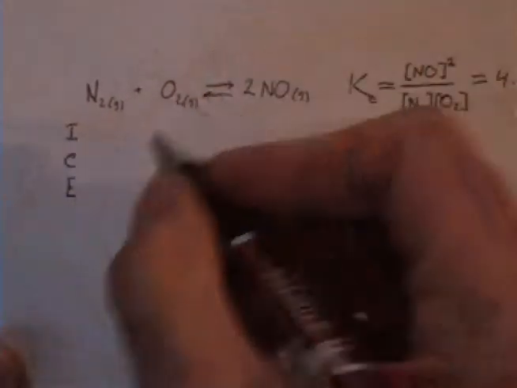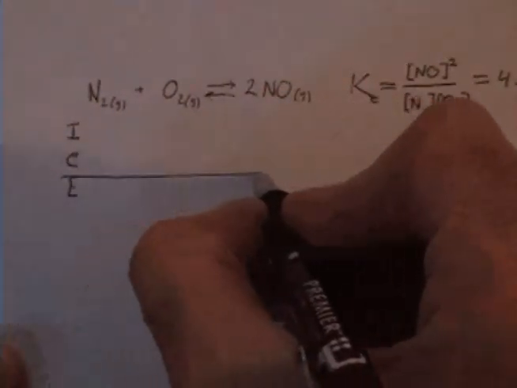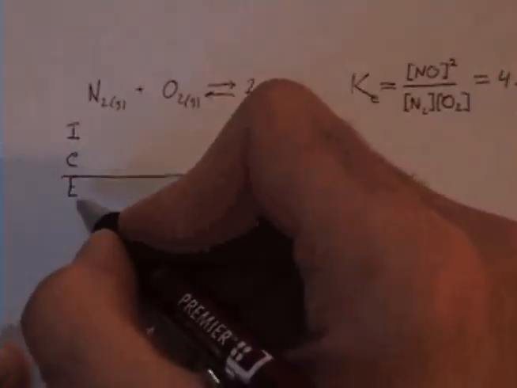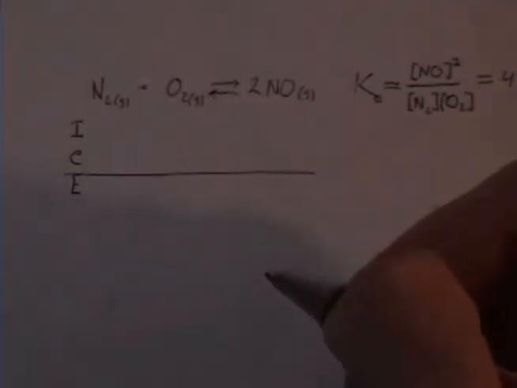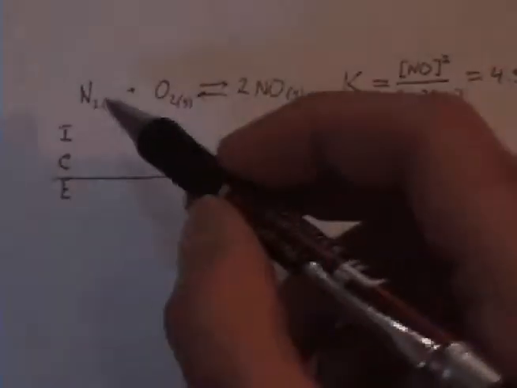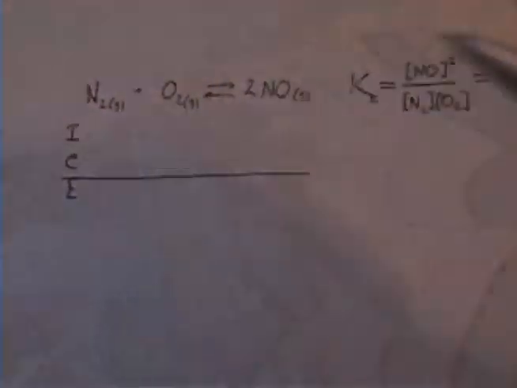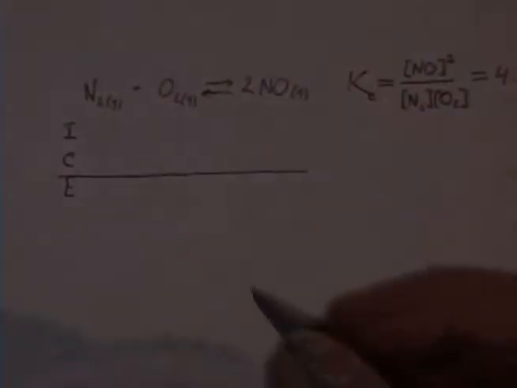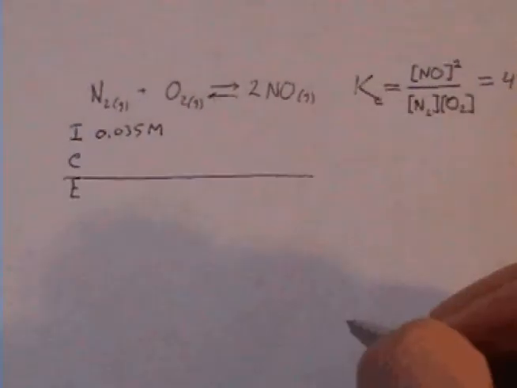ICE is an acronym standing for the initial, change, and equilibrium concentrations. Initially, the concentration of nitrogen in air is about 79%, which equates to about 0.035 molar.